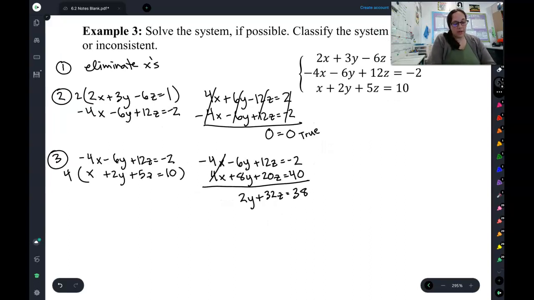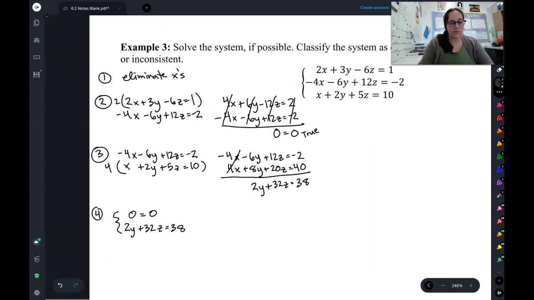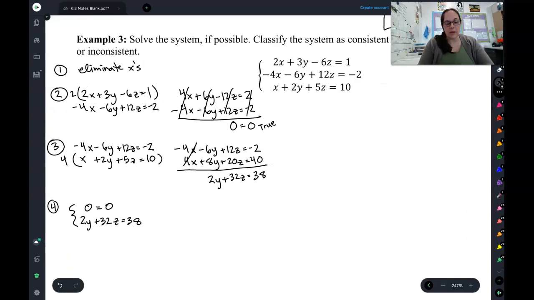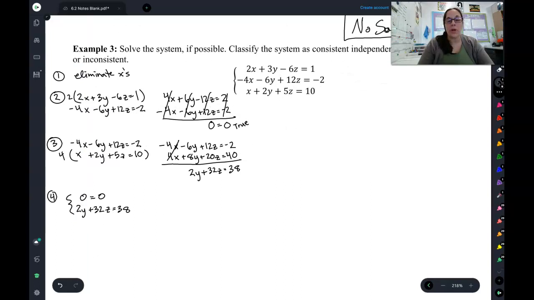So, step 4, let's look at the 2 by 2 that we have as a result of steps 2 and 3. We have a 0 equals 0, and we have a 2y plus 32z equals 38. That's our 2 by 2. Now, immediately, because we have a true statement in here, we know we have infinitely many solutions.